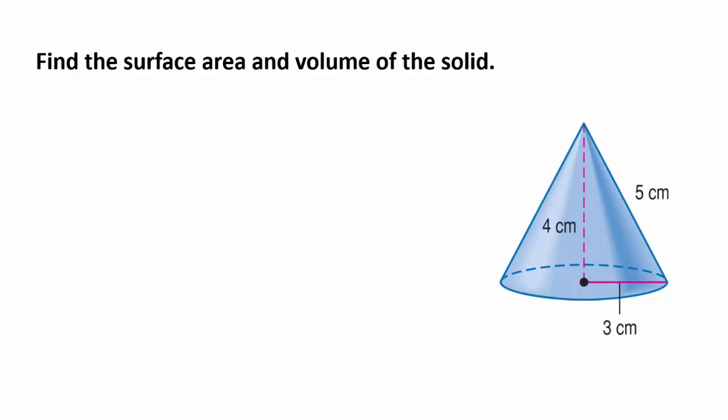Let's start by finding the surface area and the volume of this solid. First of all, the solid that we have here is a cone. So we're going to start with the surface area formula. If we look back at that chart a second ago, it'd be T equals pi r L plus pi r squared.